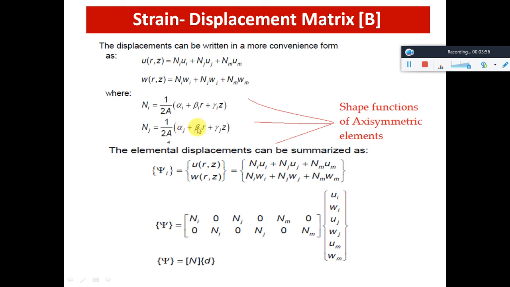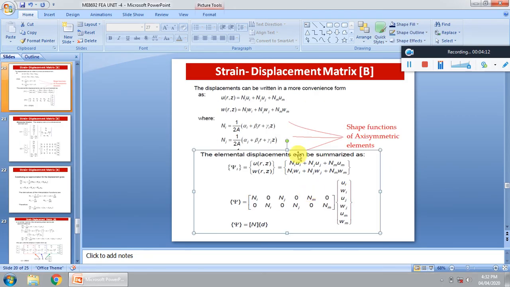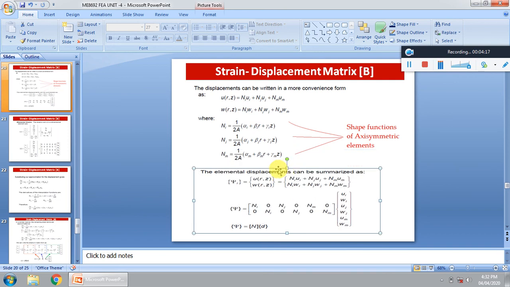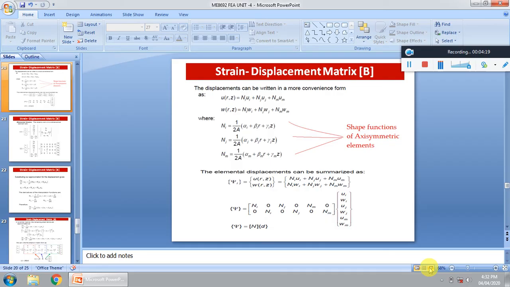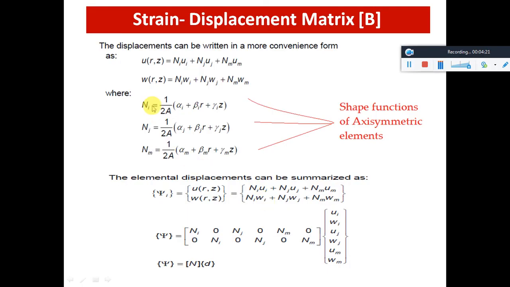Nj is 1 by 2A alpha j plus beta j r plus gamma j z. Similarly for Nm, it would be 1 by 2A alpha m plus beta m r plus gamma m z. So these three represent the shape functions of the axisymmetric elements.